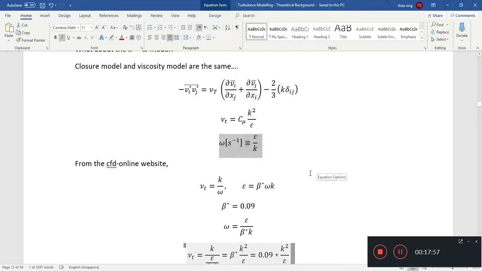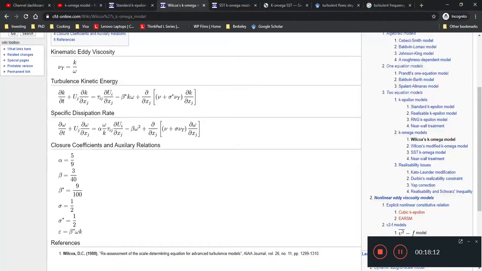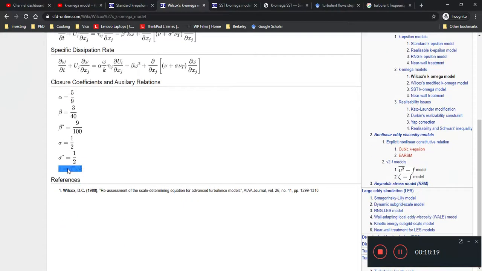Now I know there will be some confusion here because the omega we define here is epsilon over k. That is what this book uses. And for this website, omega is defined differently, which gives it a little bit of a headache.